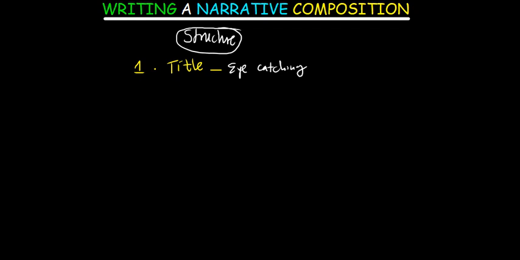You are going to look at the audience. Who do you want to read your composition? Do you want students to read? Do you want people who have learned, people who are educated to read that composition?